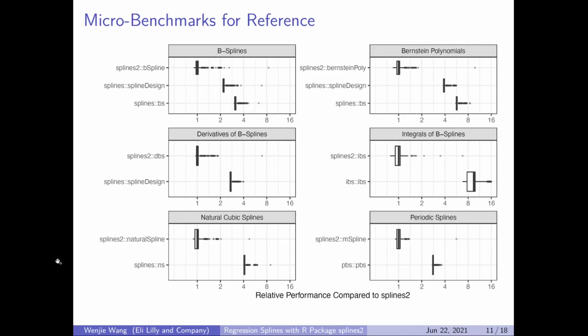Similarly, we compared those implementations provided by other packages available on CRAN as well, and we may find that the splines2 package provides more computationally efficient routines than those packages.